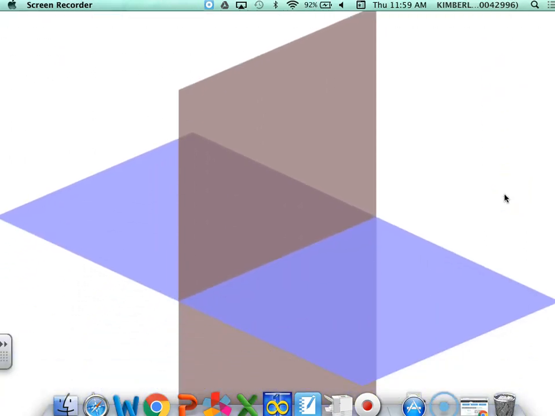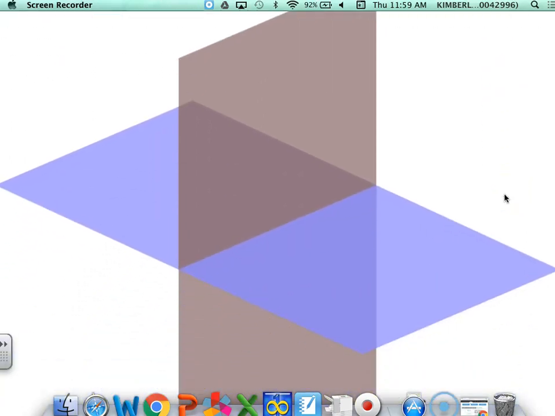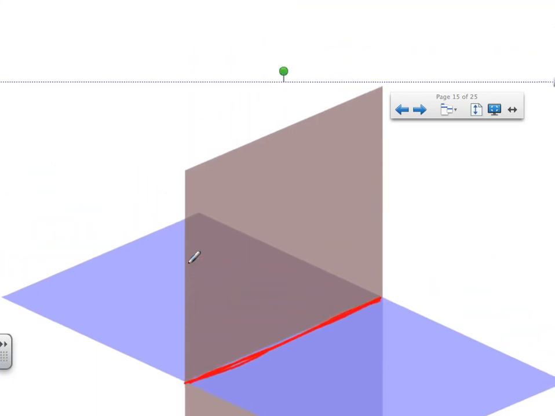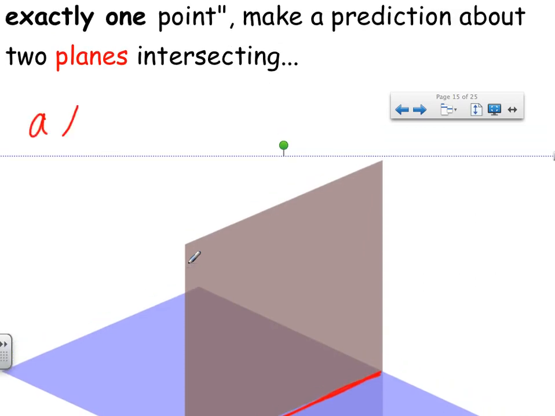Alright, so I have a picture here to help us out. So notice I have one plane in gray going up and down, and I have a plane in blue going left to right. Here is their intersection right here. So what happens? Hopefully, you said a line is formed.